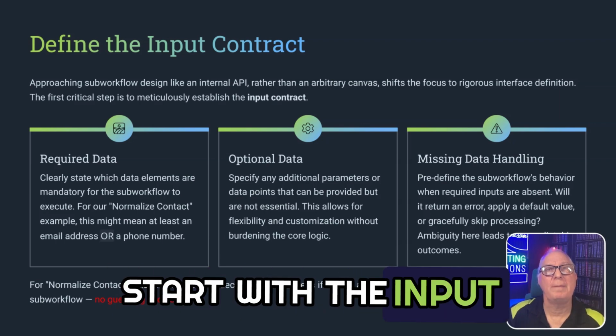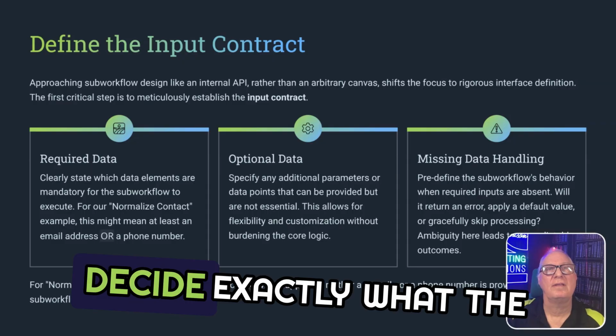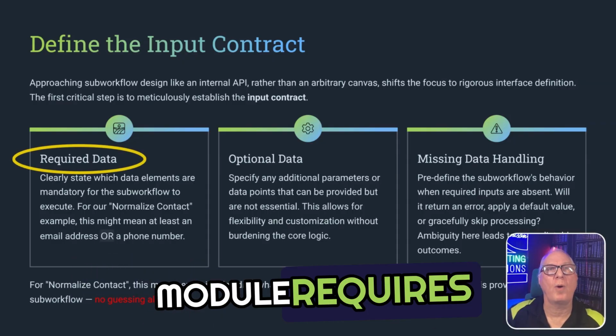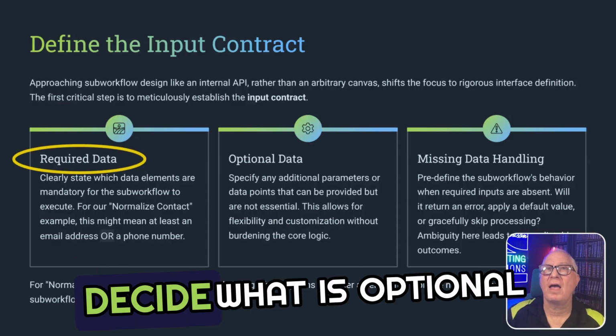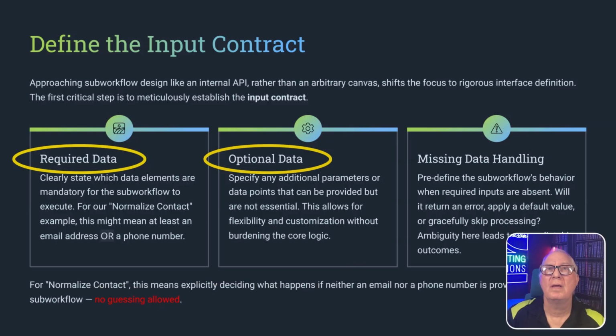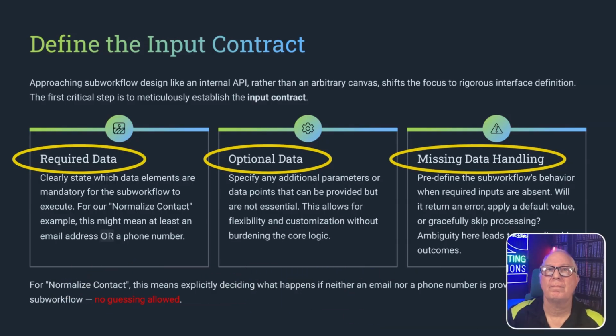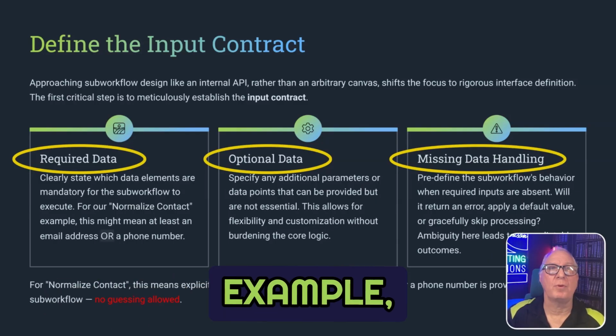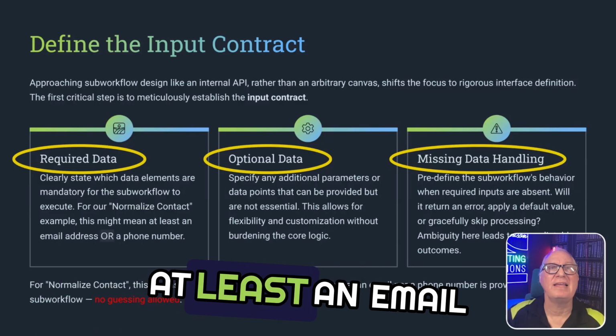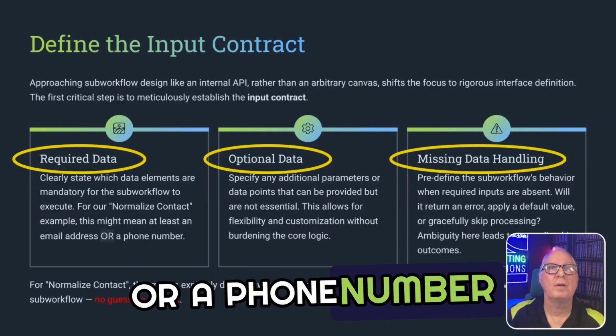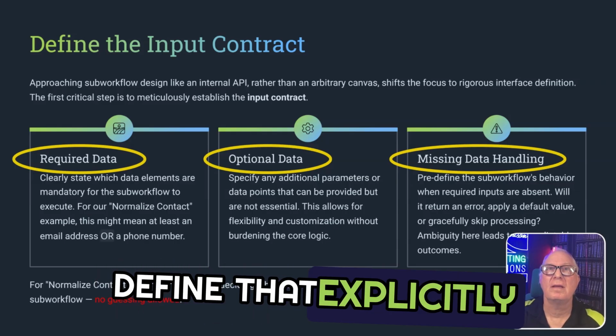Start with the input contract. Decide exactly what the module requires. Decide what is optional. Decide what happens when required data is missing. For the normalize contact example, maybe the module requires at least an email or a phone number. Define that explicitly.